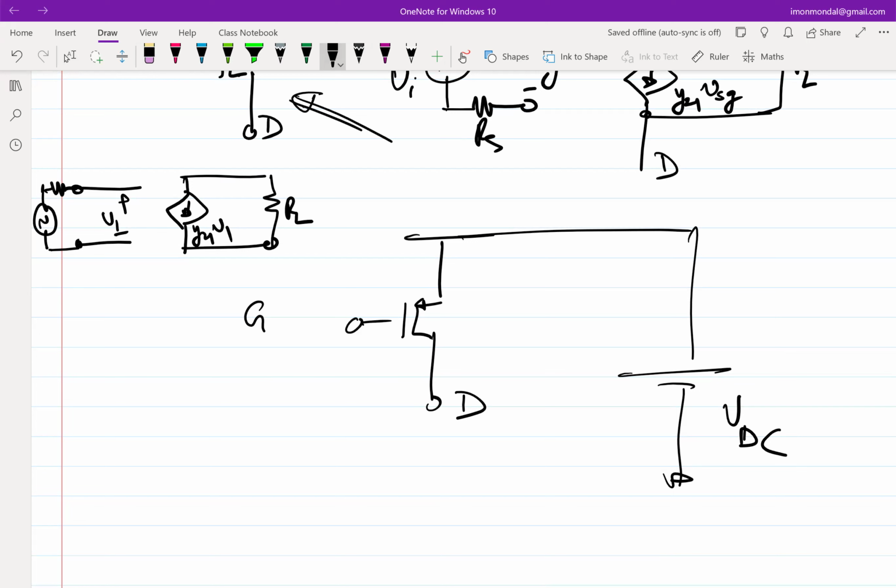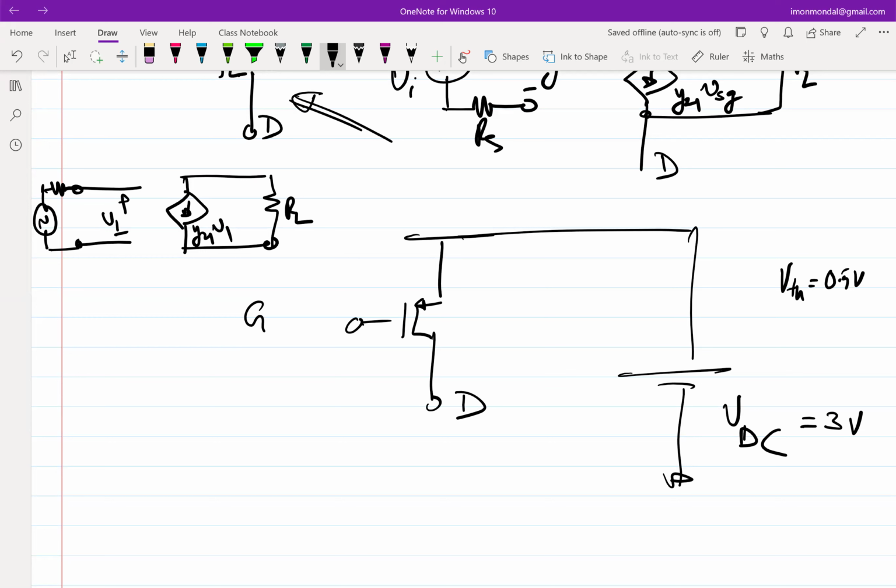Okay. Let me take some values. So let's assume the threshold voltage is 0.5 volt. This is, let's say, 3 volt. Can you comment on a value of the gate voltage which can lead to the saturation region operation?